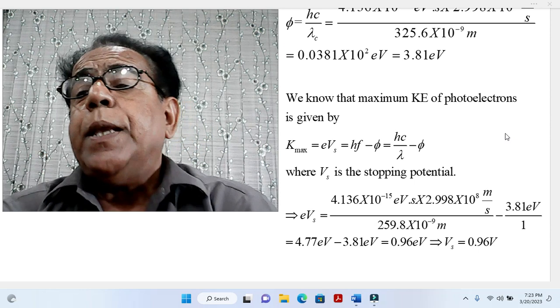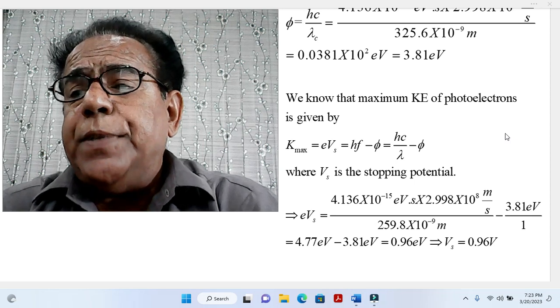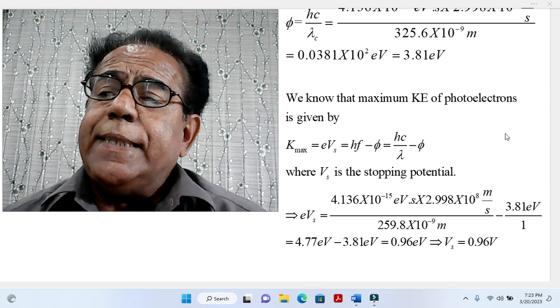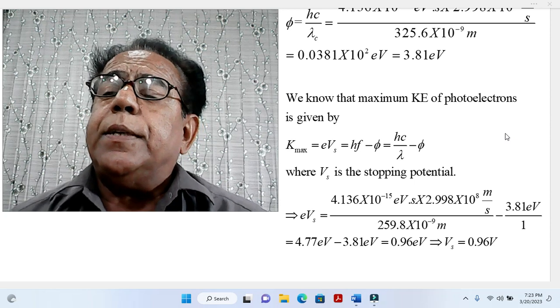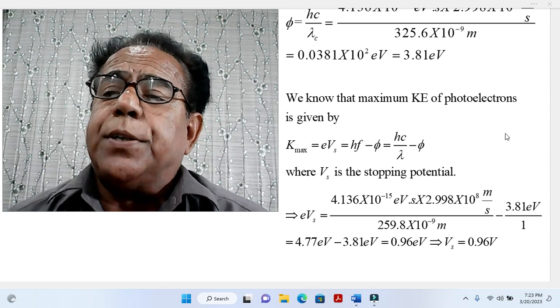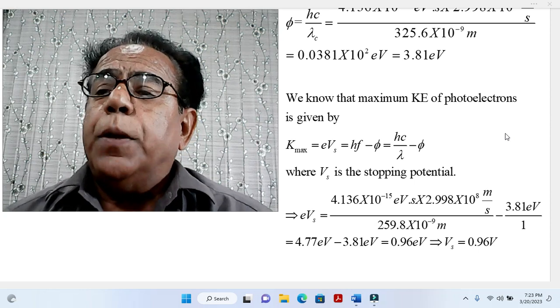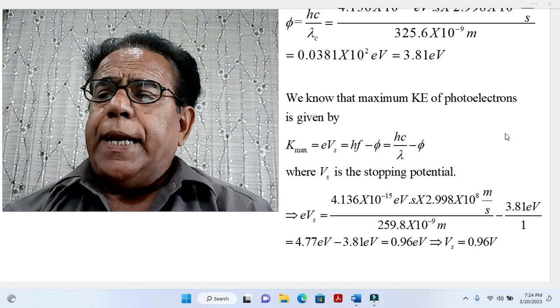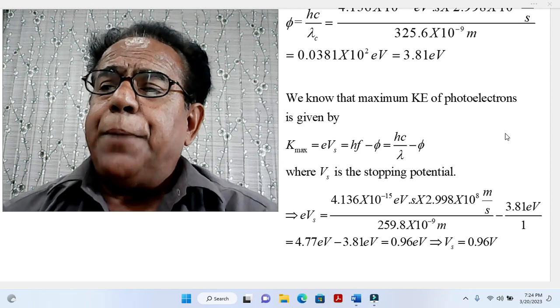So e into stopping potential Vs becomes equal to hc over lambda minus phi. Again, h and c values have been chosen from the helping tool, divided by lambda, the other wavelength.